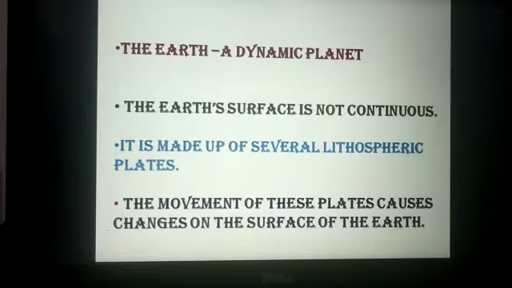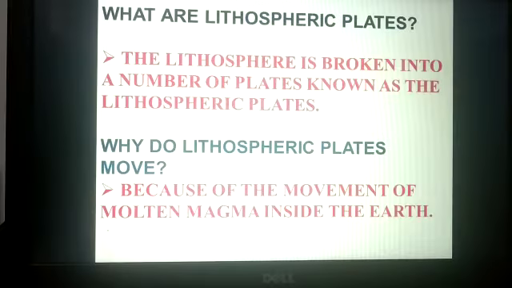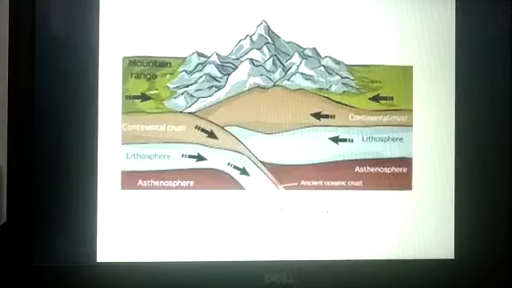You will be surprised to know that these plates move around very slowly, just a few millimeters each year. This is because of the molten magma which moves inside the earth. The molten magma moves in a circular manner.